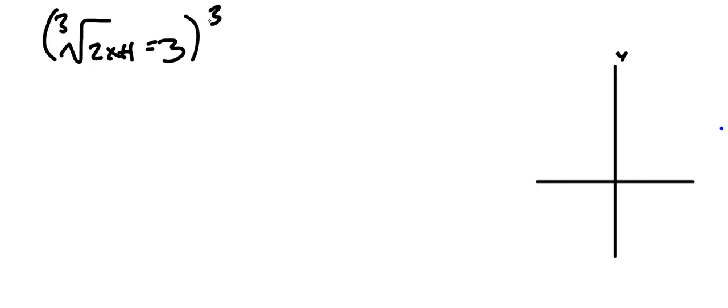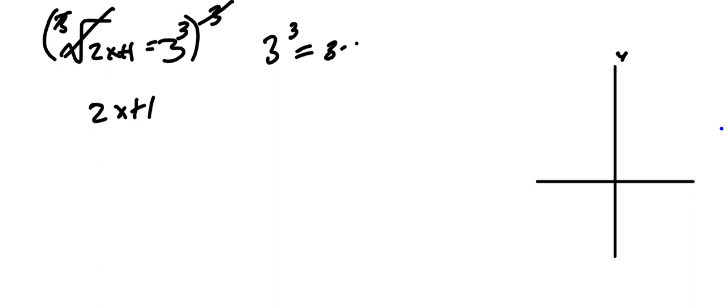Essentially, the cube and the cube root are going to cancel, and we're going to be left with 2x plus 1 is equal to 3 cubed. Well, 3 cubed is equal to 3 times 3 times 3, which is equal to 9 times 3, which is equal to 27. So 2x plus 1 equals 27.